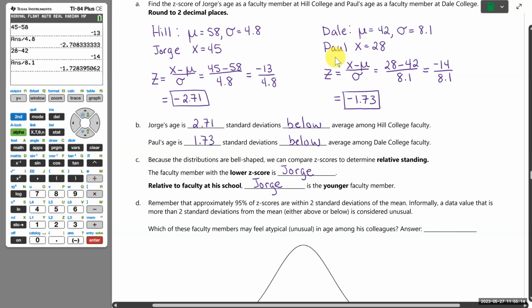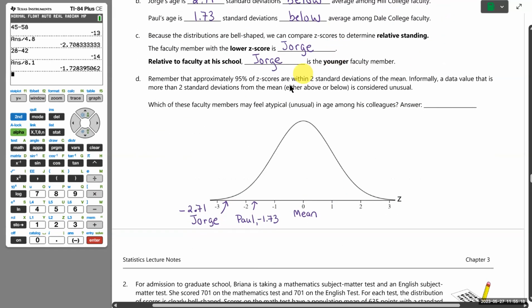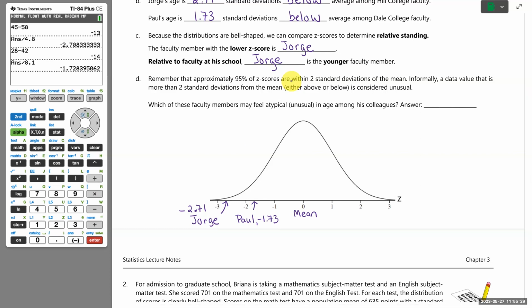All right, and then I'm just going to add one more bit of information here. So remember that 95% of z-scores are within 2 standard deviations of the mean. So I'm just going to draw a line here at -2 and +2. And we know that approximately 95% of data in a bell-shaped distribution is within 2 standard deviations of average.